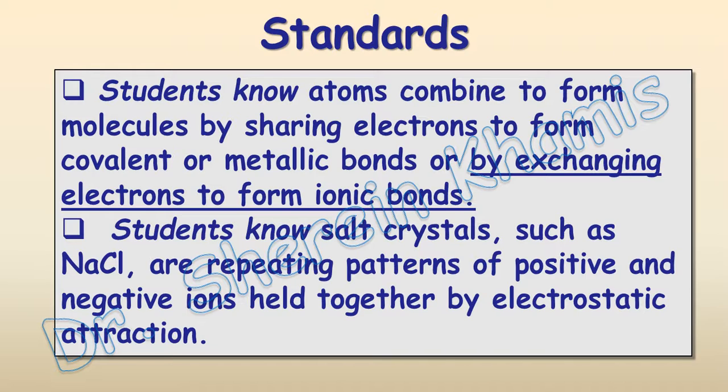There is a repetition of positive ions and negative ions. We have a positive ion, after it a negative ion, and again after it a positive and then a negative, forming an electrostatic structure, an attraction force between the positive and negative ions, forming the shape of the crystal of the ionic compound.